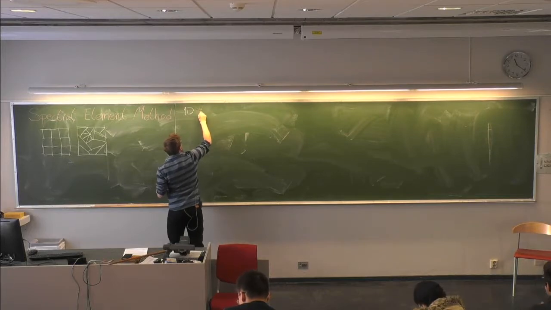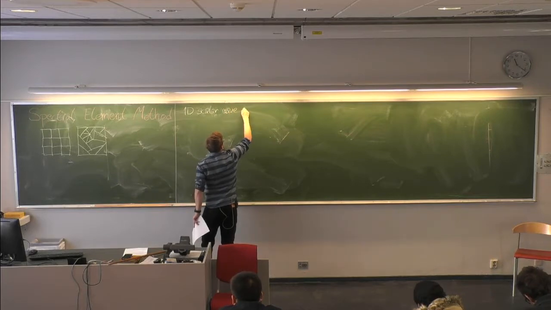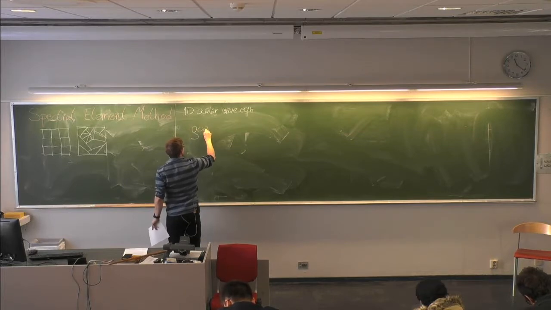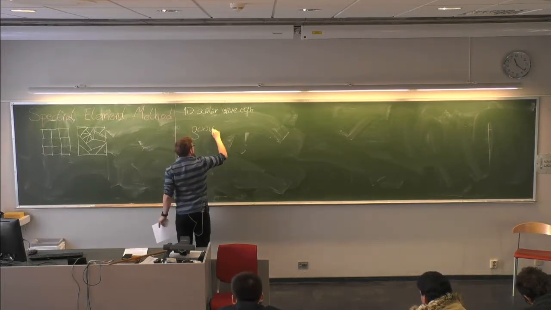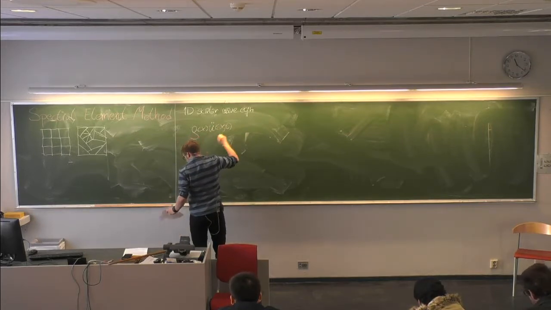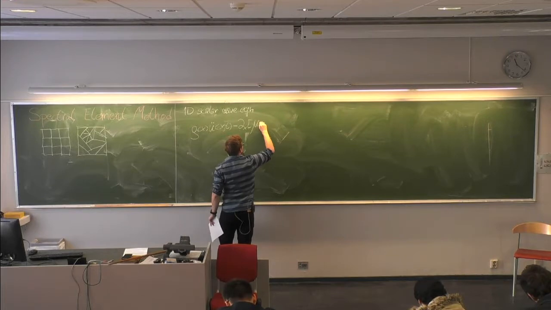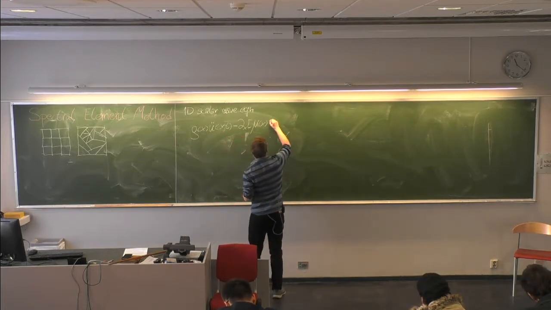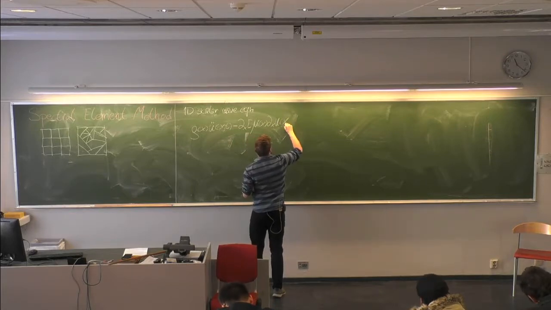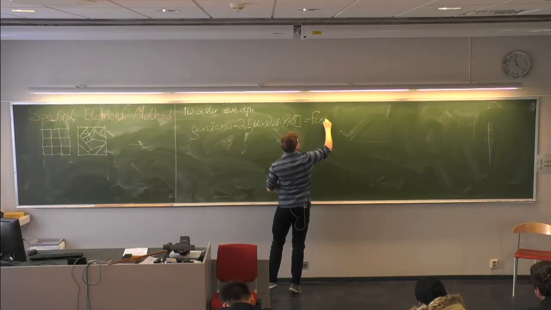The 1D scalar wave equation: rho of x, the density as a function of position, times the second time derivative of the displacement u of x and t, minus dx of mu of x times dx of u of x and t, equals some kind of driving force f of x.